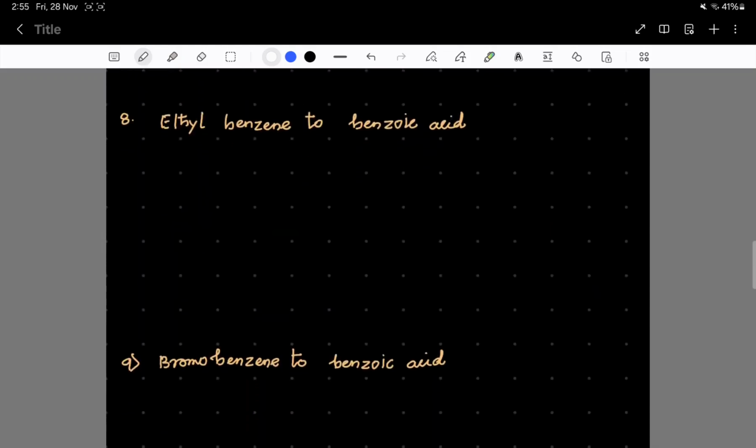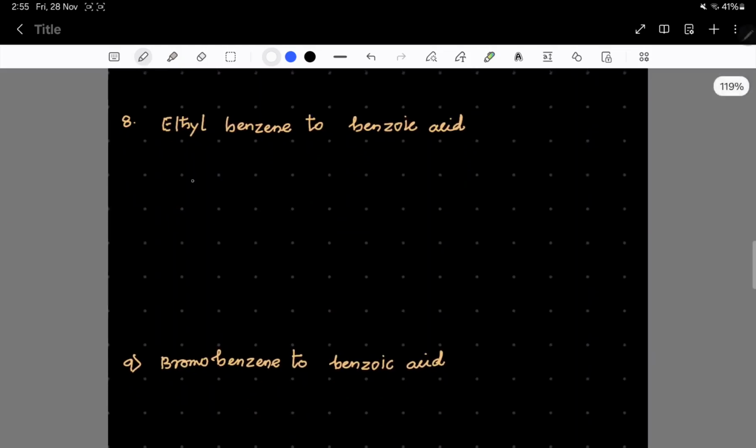Next, ethyl benzene to benzoic acid. Take ethyl benzene, student. This is ethyl benzene, CH2CH3. Now, ethyl benzene to benzoic acid. This is a general reaction, student: KMnO4 oxidation.